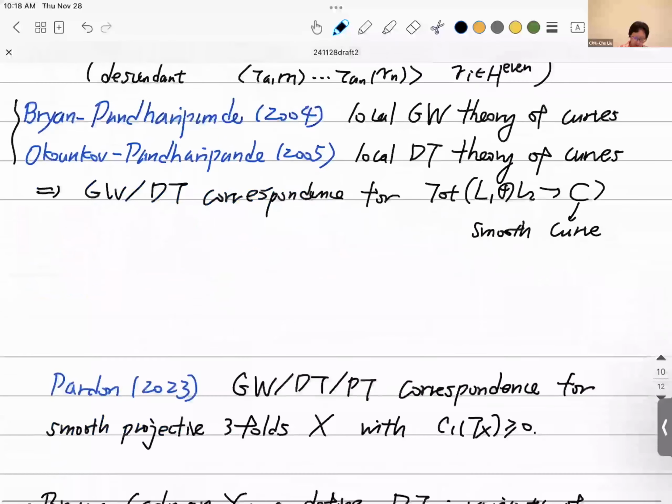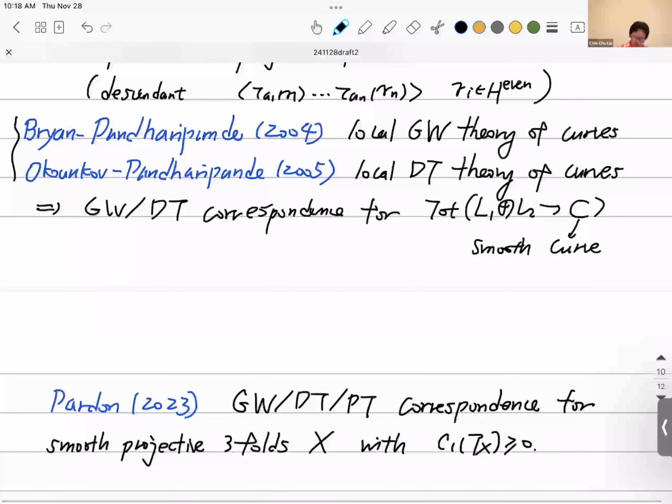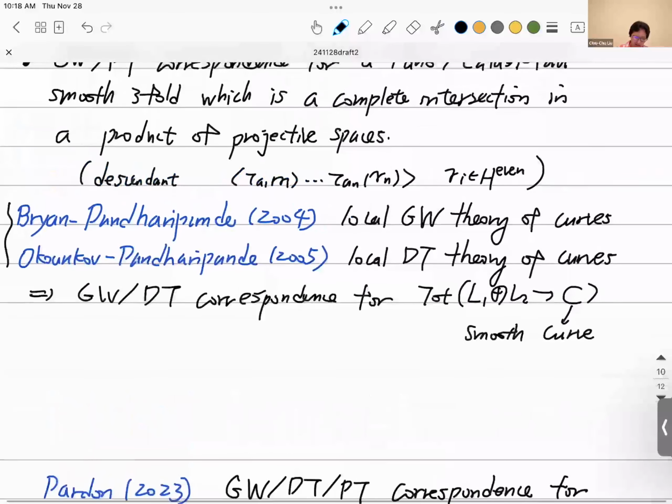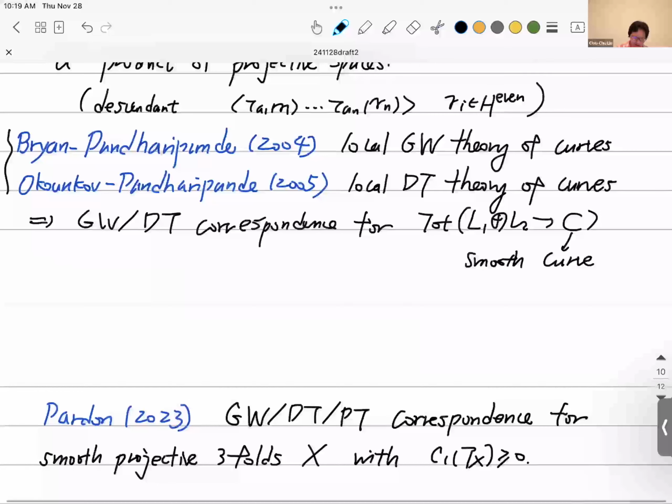Then Pardon can prove this for any smooth projective threefold such that c1 is greater than or equal to 0, in particular any projective Calabi-Yau threefold. So it's much more general. Yeah, he proved it more generally, and you see this generalization takes many years.